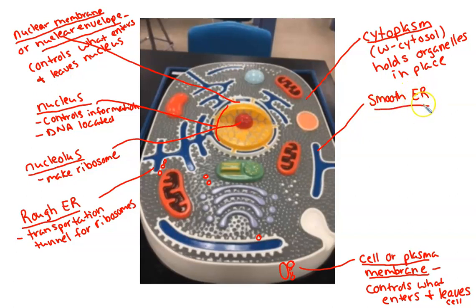The smooth ER is going to have a completely different function. It makes and stores lipids and steroids. And it also does some detoxing things.